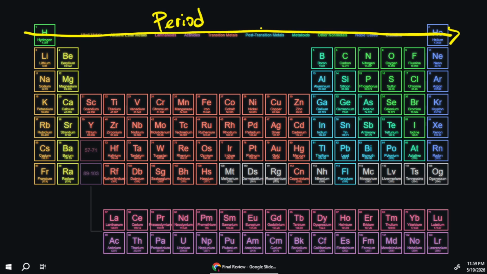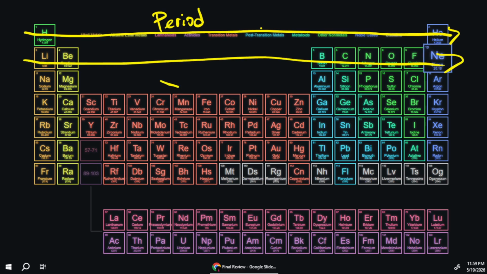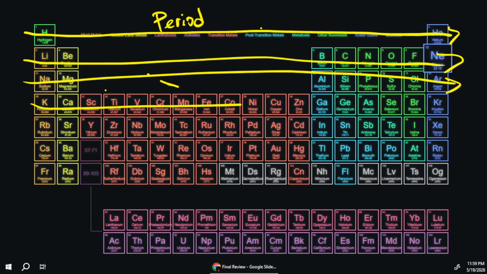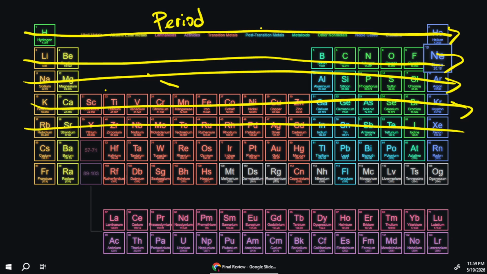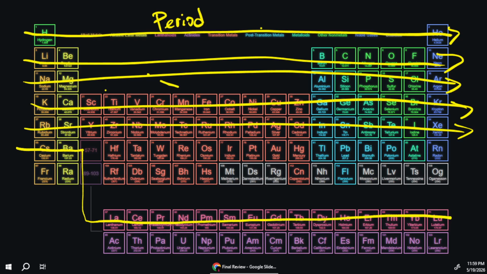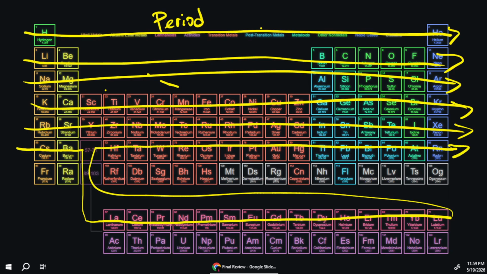So period 1, period 2, period 3, period 4, period 5, period 6 actually goes, you see this little empty block that gets moved down here. So period 6 actually goes like this, Cs, Ba, and then we go down to La all the way to the end, and then come back here and continue. Okay, that's period 6. And then period 7 is the same thing.